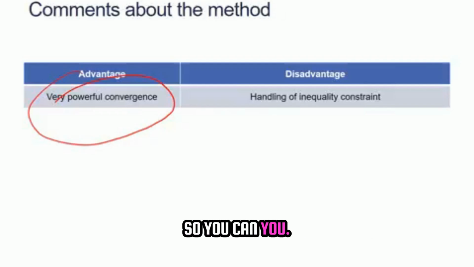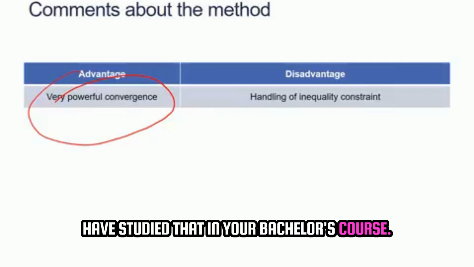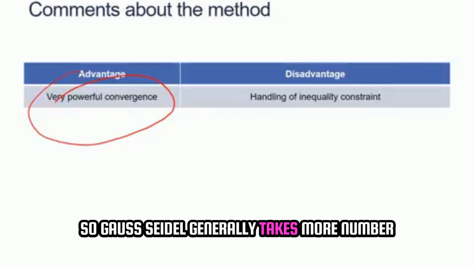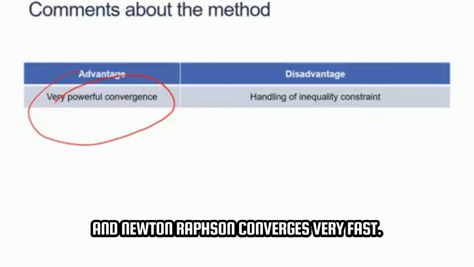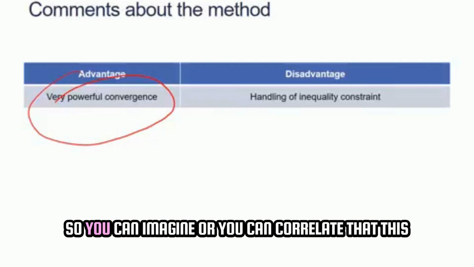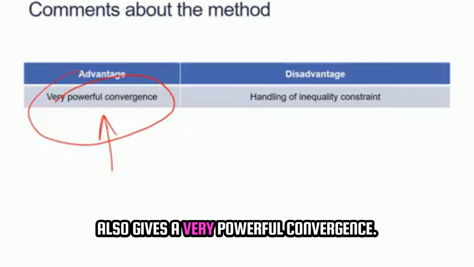I'm sure you must have studied that in your bachelor's course. Gauss-Seidel generally takes more iterations to converge, and Newton-Raphson converges very fast. So you can correlate that Newton second order also gives very powerful convergence.